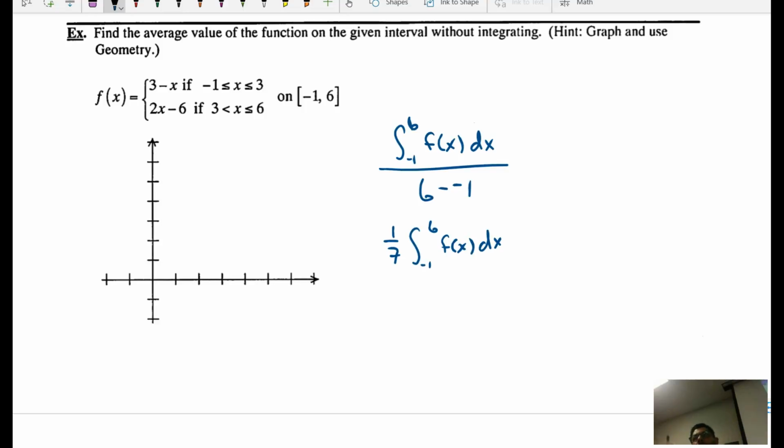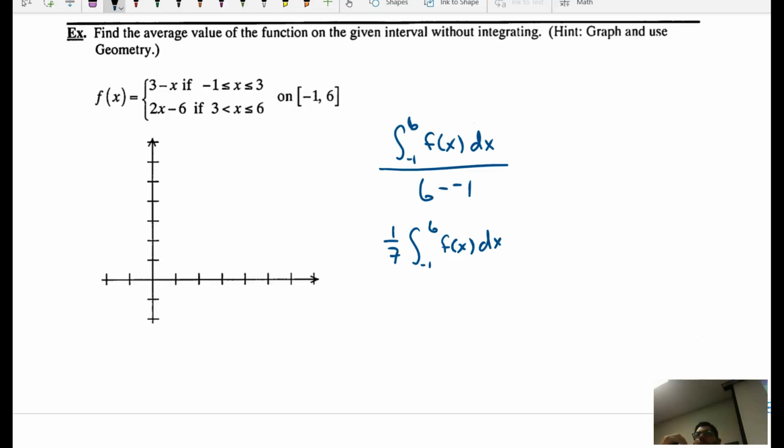It says without integrating, because what it means is without doing the antiderivative. So how would we do this without doing the antiderivative? We'll find the area, right?